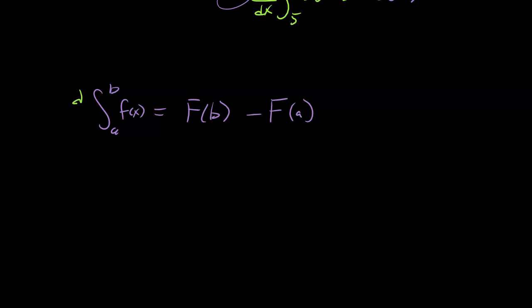And if we take the derivative of the integral, it's essentially doing the derivative of these. Now, if one of these two is a number, the derivative of a number is 0.